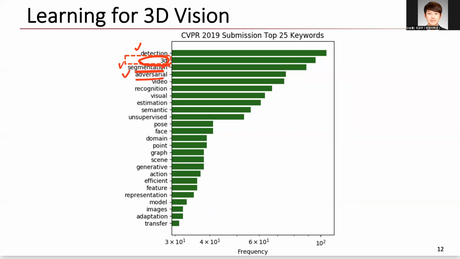But we did not discuss video yet, and recognition, visual estimation, semantic, and so on. But 3D was the second top, right? Which means learning for 3D computer vision is one of the most important issues in computer vision. So you have to study 3D computer vision in this semester.